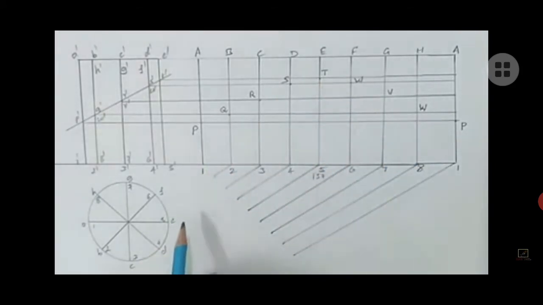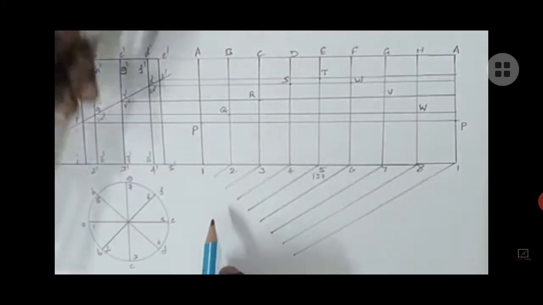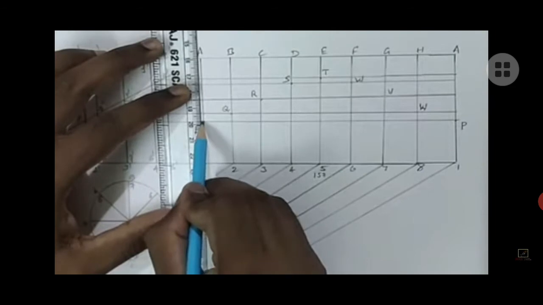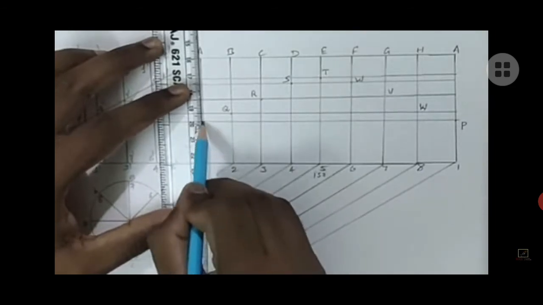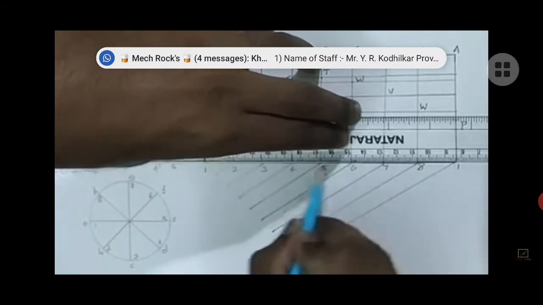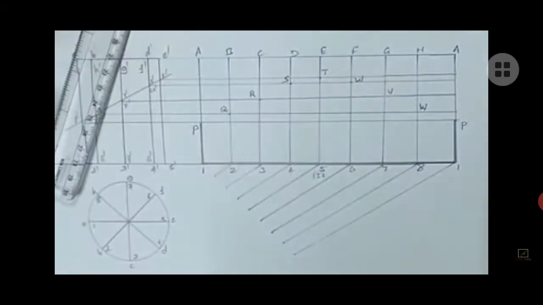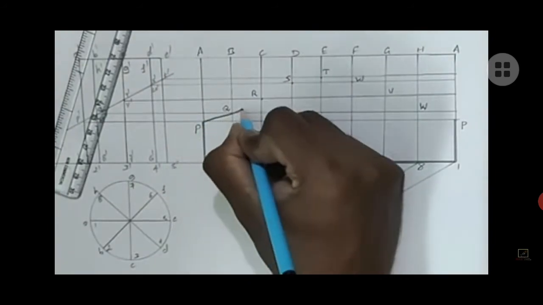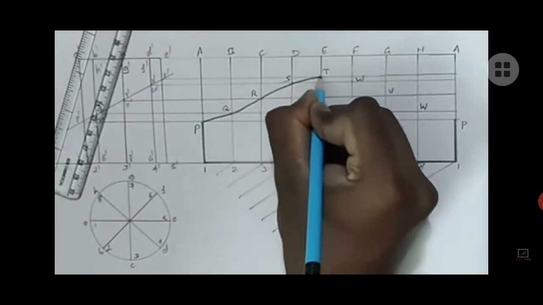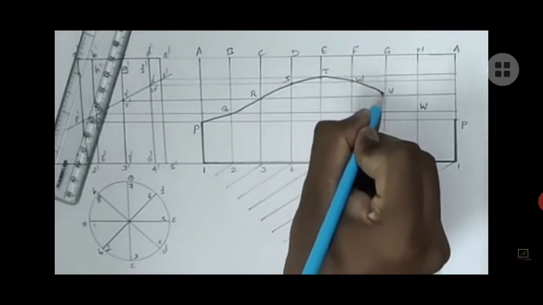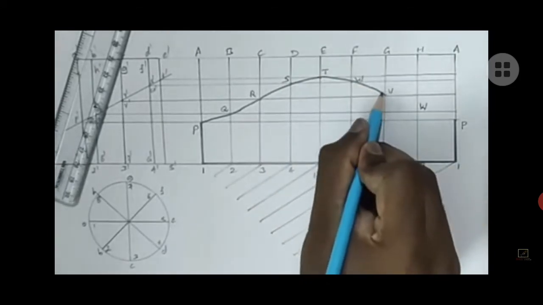With the help of a scale, mark all points and join all the points. These points should be connected with a smooth line because it is a circle.